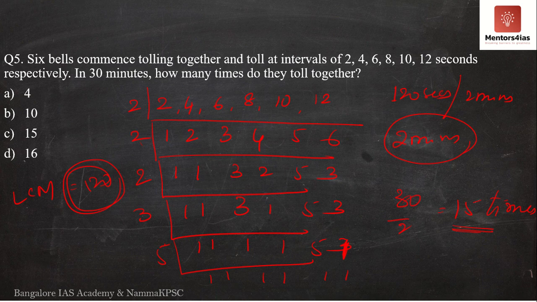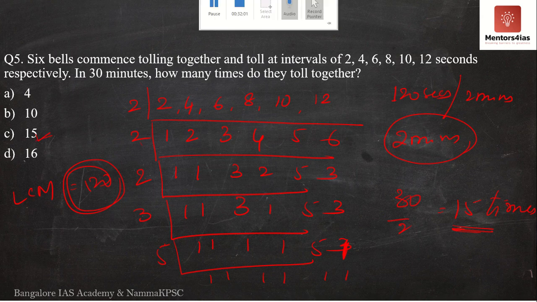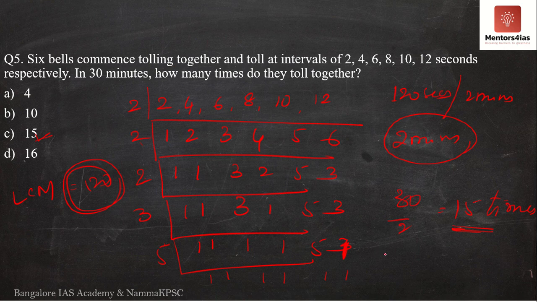Now the problem is that many of us, as soon as we get 15 over here, will go and mark the option 15. But the question says the 6 bells commence tolling together, meaning when the time starts from 0, they will toll together once. After that, they will toll together every 2 minutes.